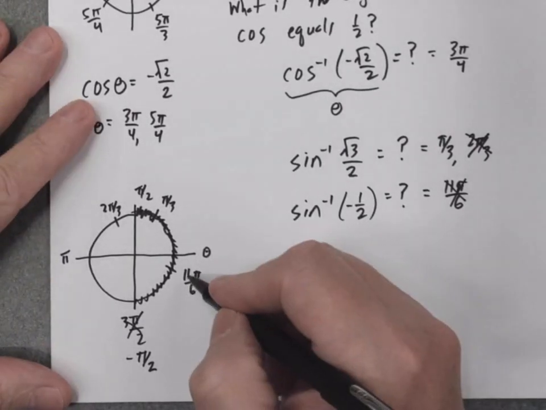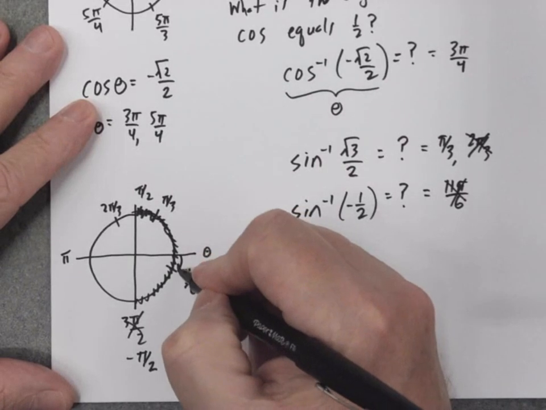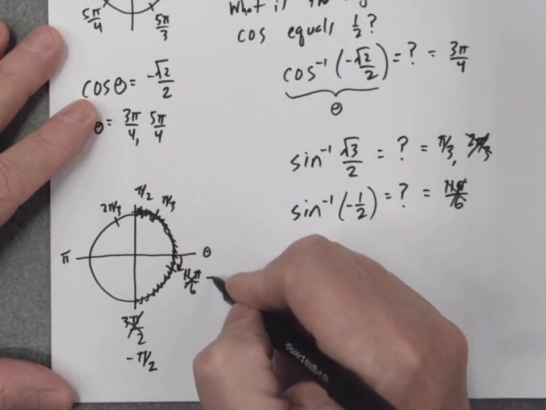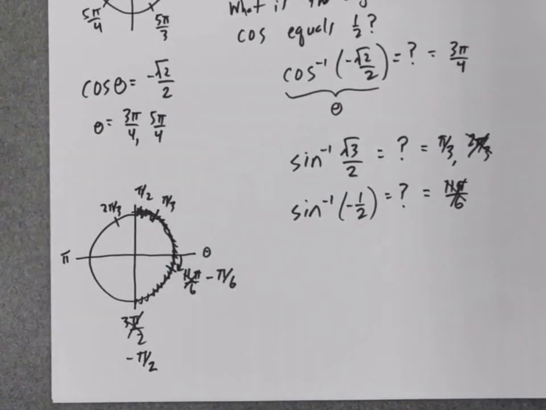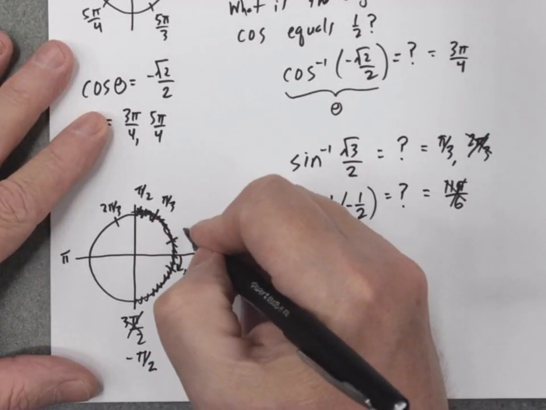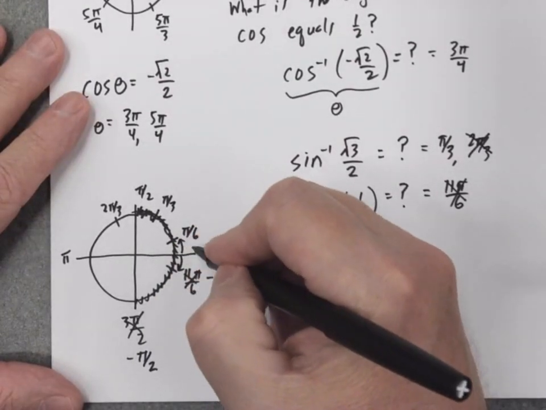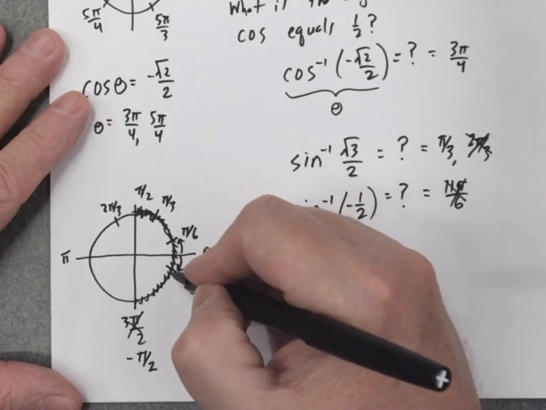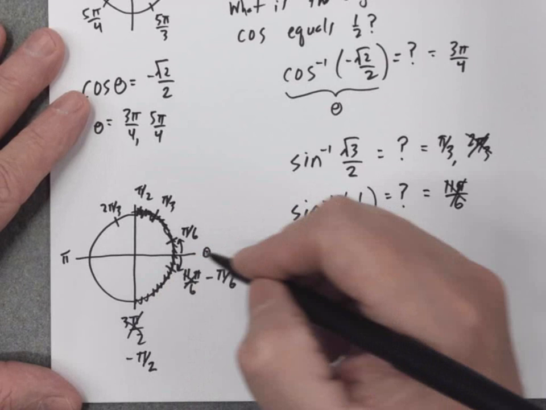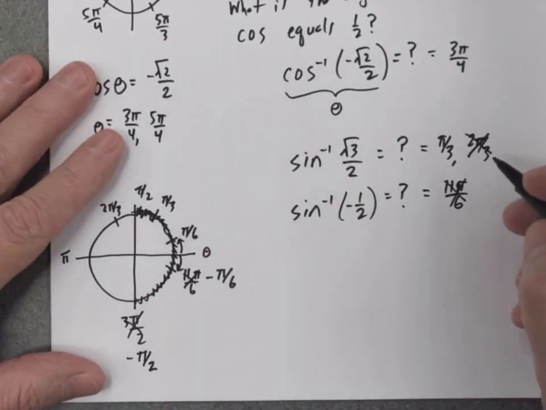So therefore, this angle here is not 11 pi over 6 when we're talking about inverse sine functions. Instead, you think about this angle, negative pi over 6, just like this up here is pi over 6. Well, we're going the same distance, but in the opposite direction. But if we're going to look at angles in this fourth quadrant, we want to have negative angles.